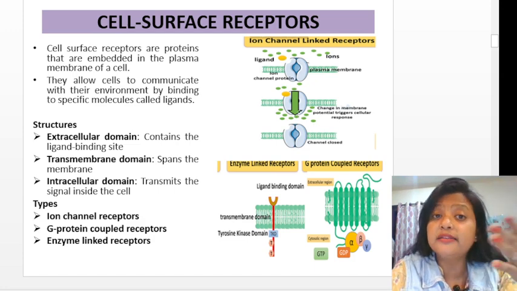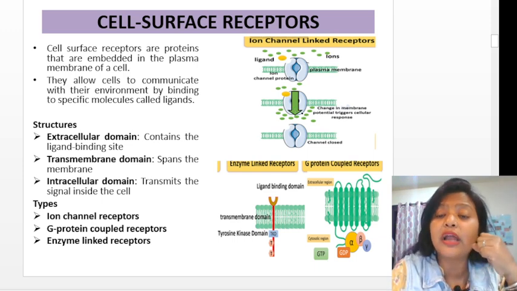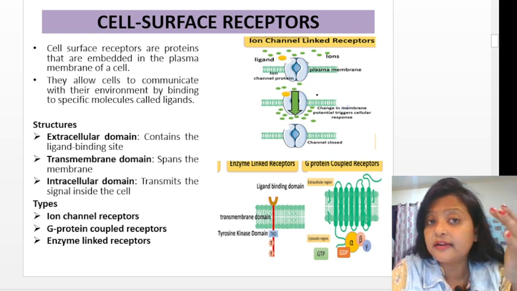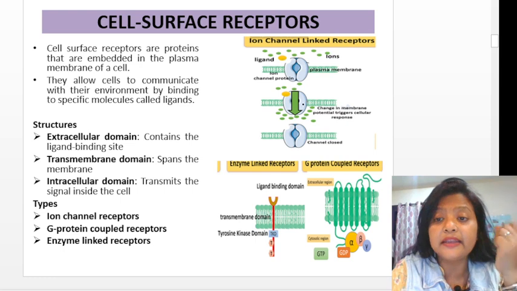The ions are being sent inside the cell, and then the channel will close because of a change in the membrane potential of the cell membrane. These are the ion channel linked receptors.